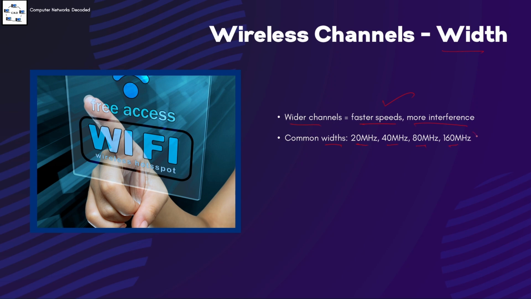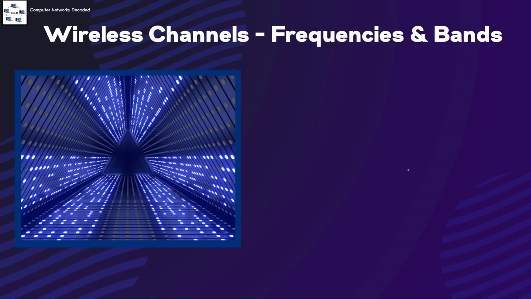This 160 megahertz will have the highest speed, but it will also have the maximum interference. So you should trade off between the interference and the speed. You should choose the width based on the devices supporting it and your network needs.